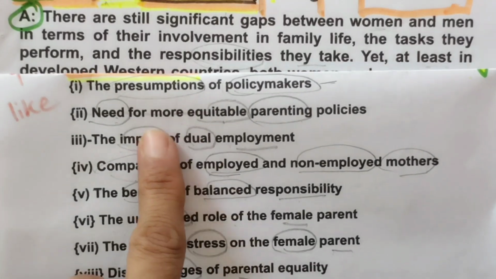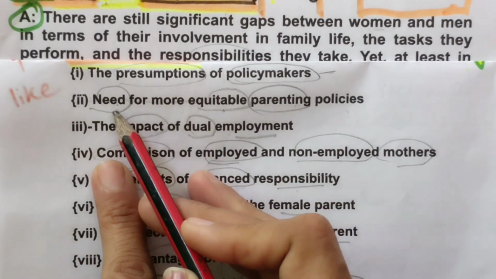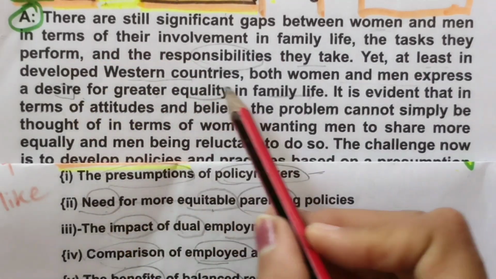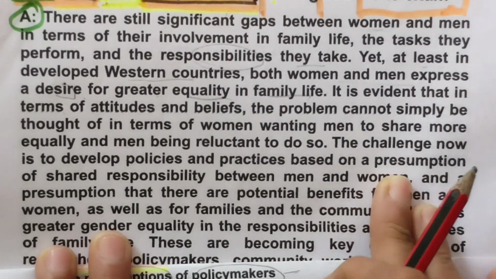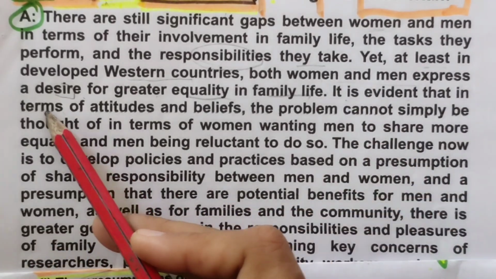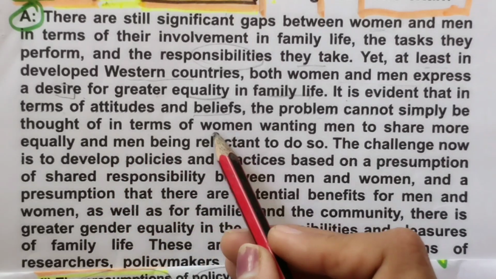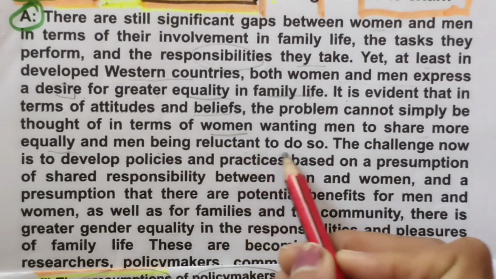So, a need for equitable parenting policies, but they are saying need is not comparable with desire, so we can't match it. Let's read one more sentence. It is evident that in terms of attitudes and beliefs, the problem cannot be simply thought of in terms of women wanting men to share more equally.